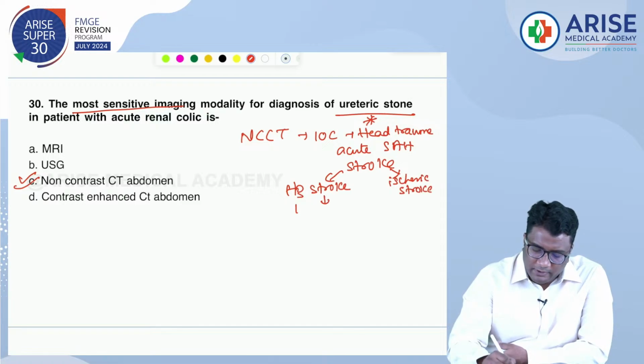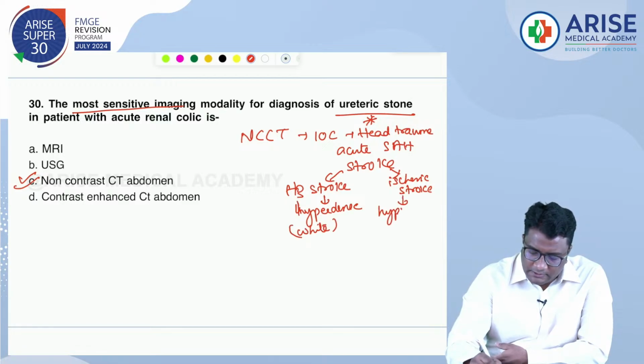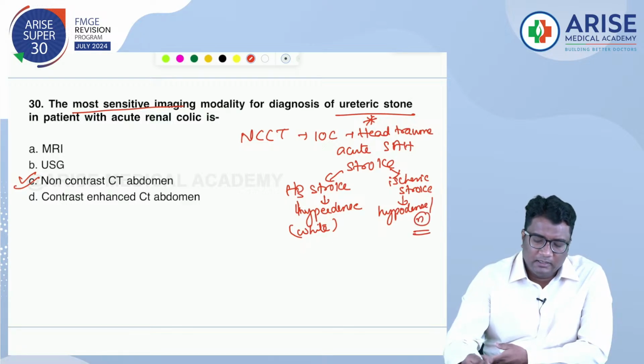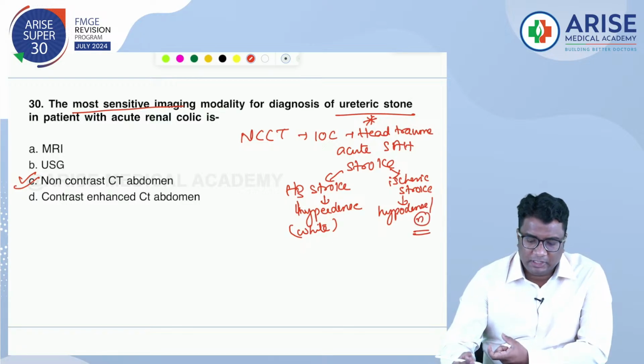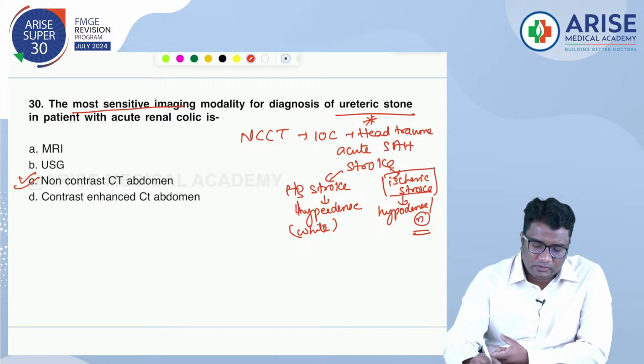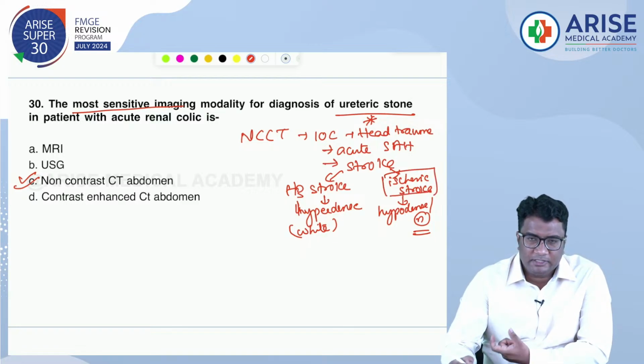Hemorrhagic stroke will be white, hyperdense. Ischemic stroke will be hypodense, black or normal, right? Even normal CT scan in a patient of hemiplegia should be considered as ischemic stroke. So these three things, remember, for head trauma, for acute subarachnoid hemorrhage and for stroke patients, we use non-contrast CT.